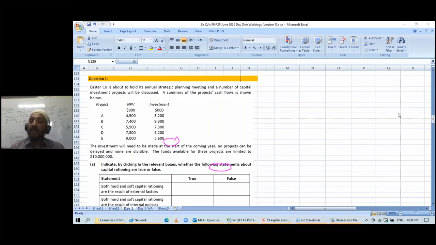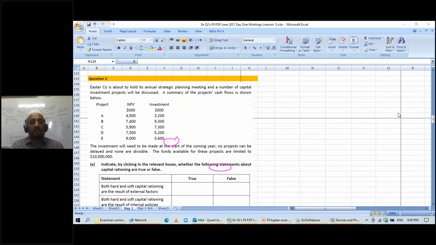So they have placed a limitation on raising further funds themselves. If the management, directors or shareholders place restrictions on the funds within the entity, this is known as soft rationing. And if people outside the entity are not providing funds, then this is known as hard capital rationing.